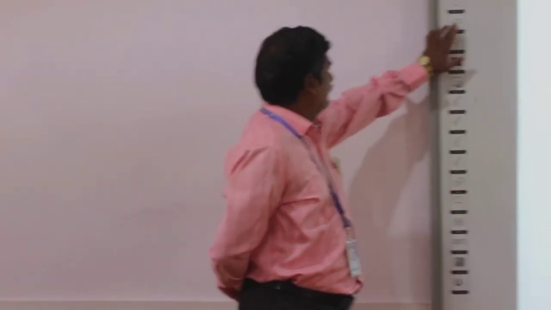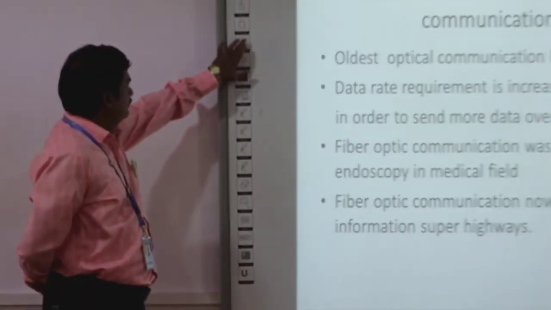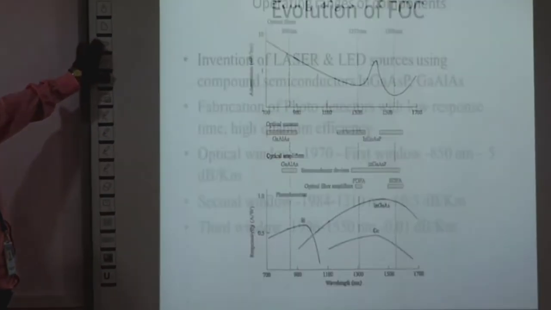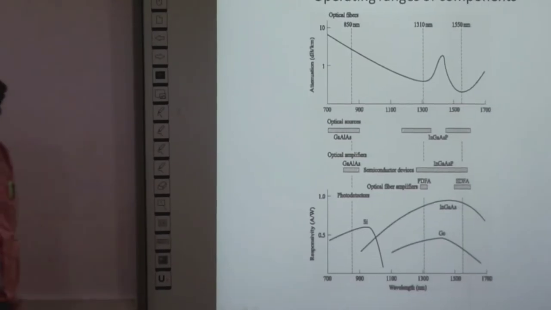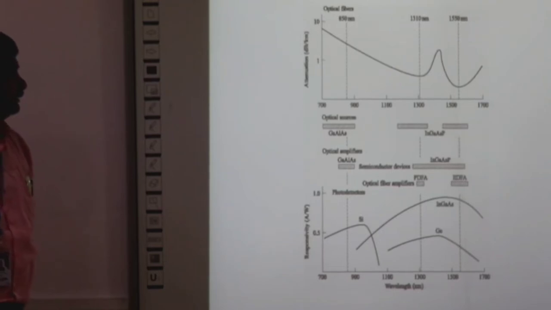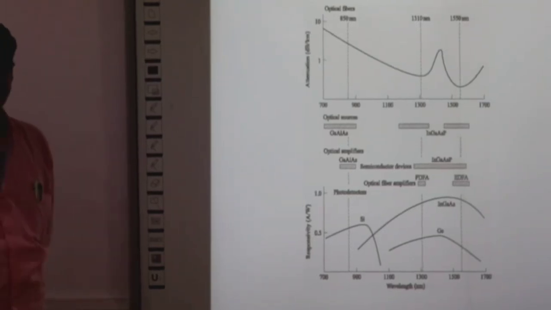So while plotting the graph between wavelength and attenuation, in certain wavelengths, so this is about the introduction. So you see the graph here. In certain wavelengths, the attenuation is very minimum, and they called these wavelengths as optical windows.